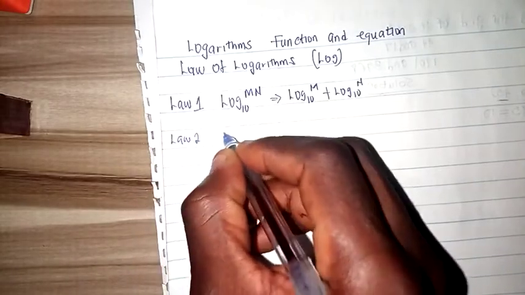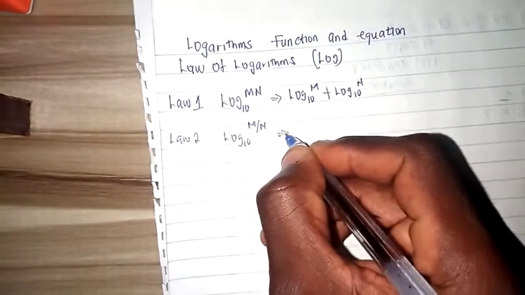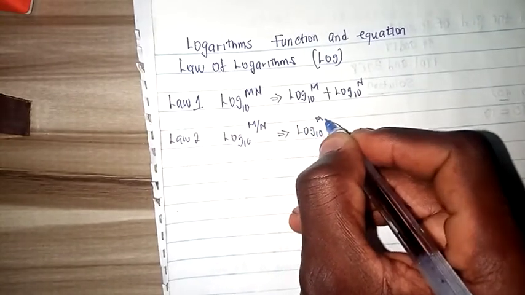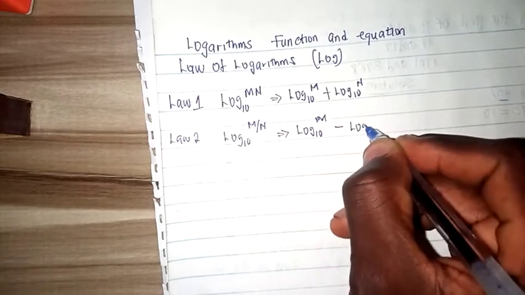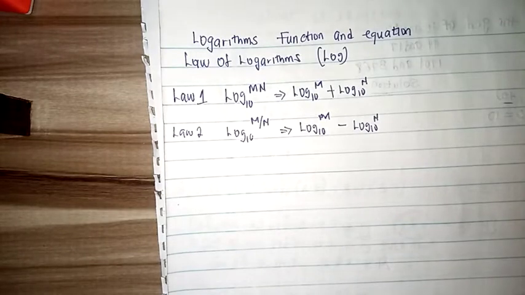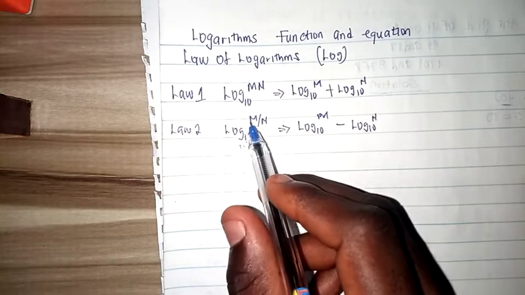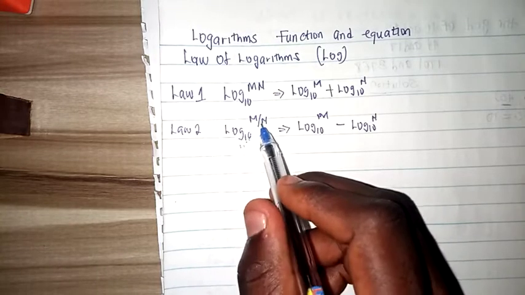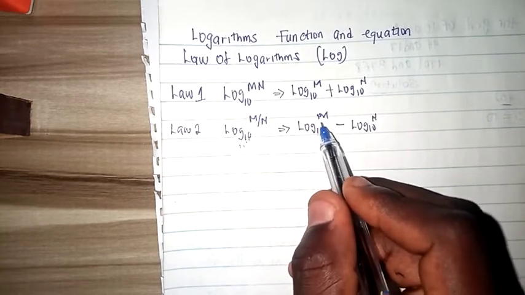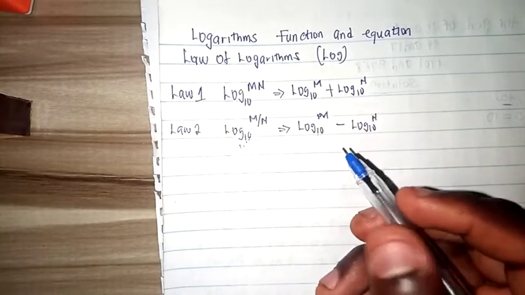Log 2. This one too is another law of logarithm. When you have a log with base 10 or any base, and the number is m over n, it is the same thing as saying log m base 10 minus log n base 10.